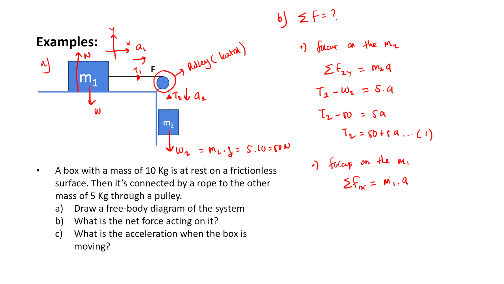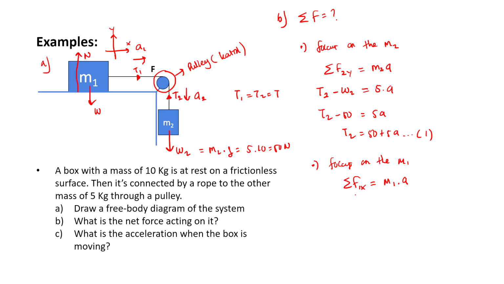The a will be the same because it's a system, and T1 and T2 are also the same, let's say equal to T. We can change this into T maybe after this.